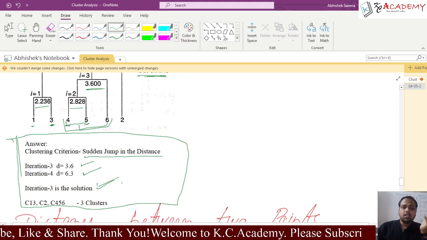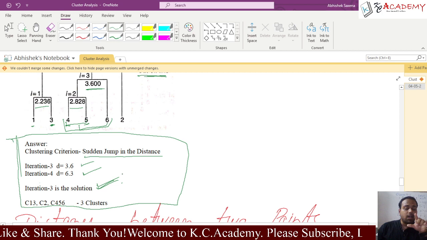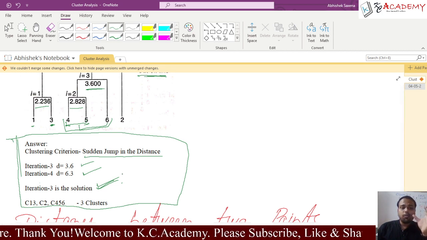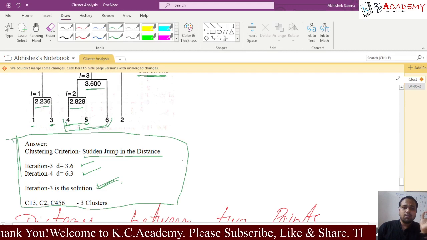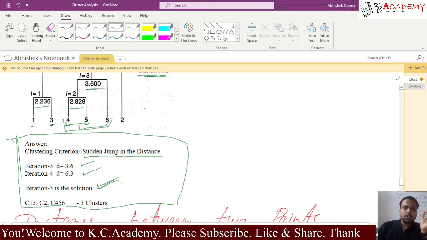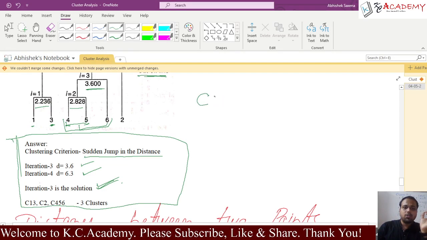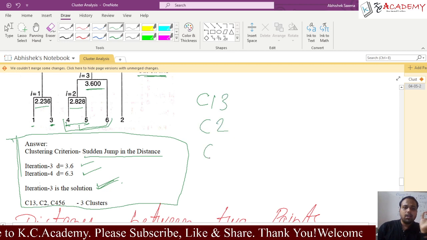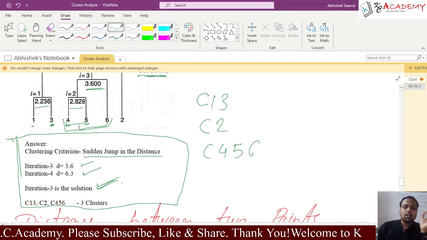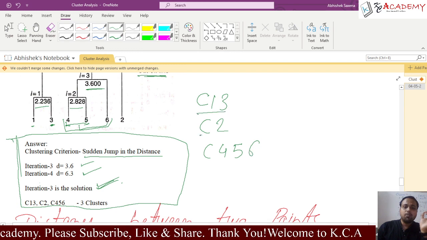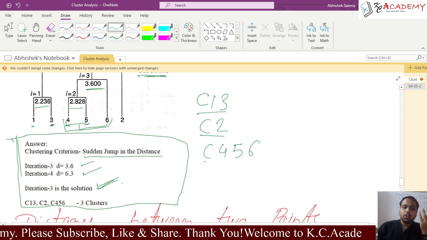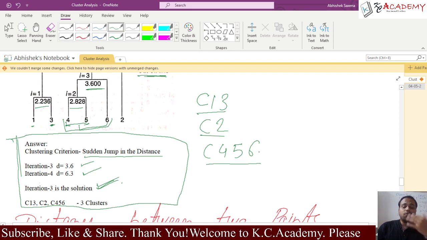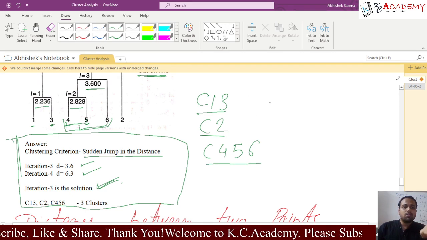What are the clusters in iteration 3? Our question was about employees, particularly groups of employees. So we have C13, then C2, and C4, 5, 6. These are the final groups. C13 is employee 1 and employee 3. C2 is employee 2, so employee 2 is different, and C4, 5, 6 means employees 4, 5, 6 are in a particular group. So this is our final answer.